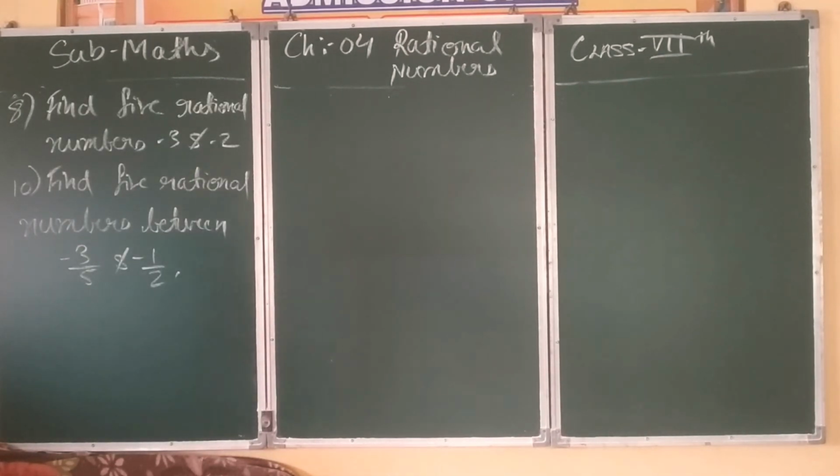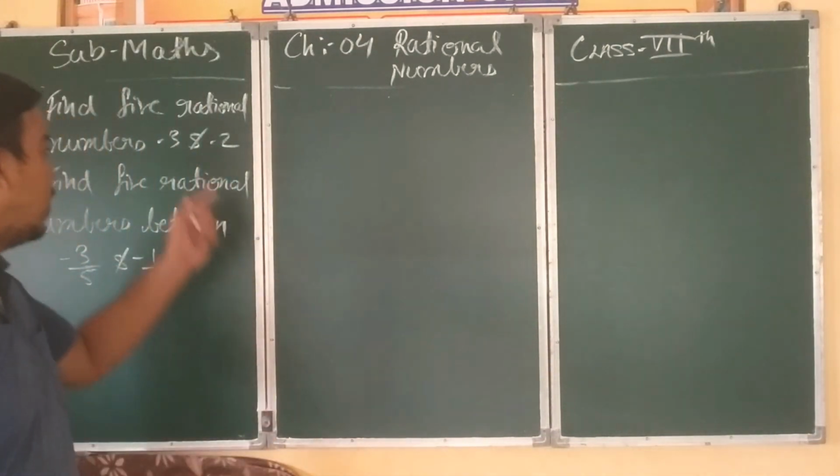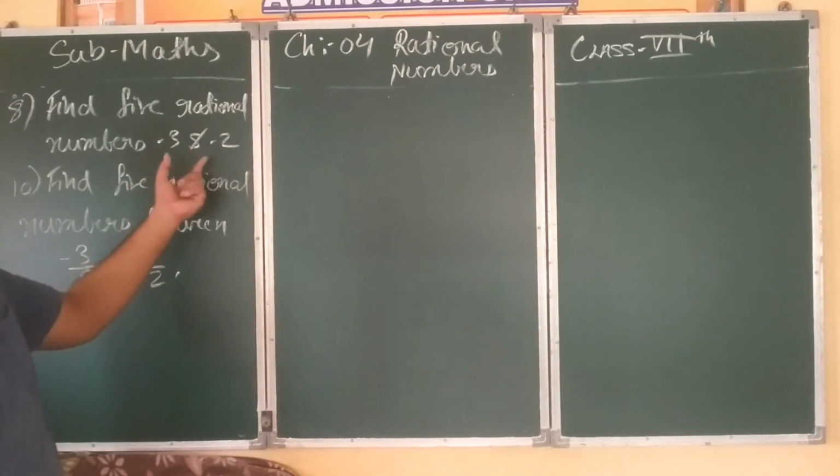Okay, so class, this is a very important question. See, find 5 rational numbers between minus 3 and minus 2. If we see integer-wise, it is difficult to find numbers between minus 3 and minus 2.